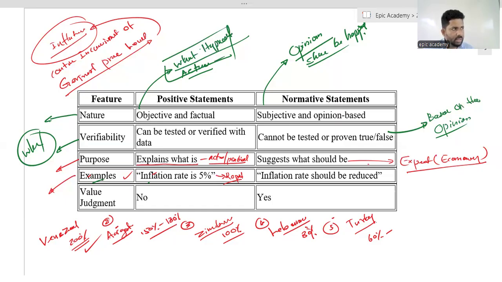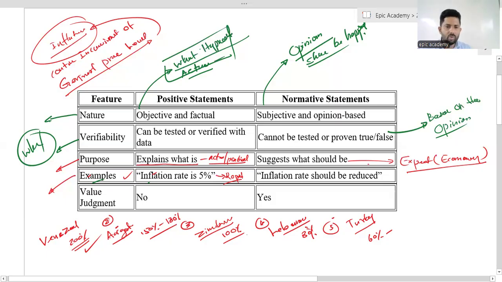It also represents 33%. Malawi, Angola, Afghanistan, something like that. Actually, those are the higher rates of inflation.